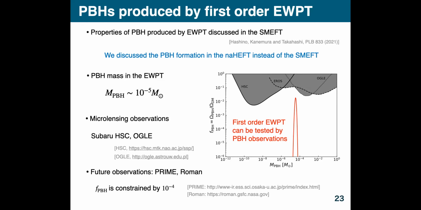Of course, the electroweak phase transition should occur around the 100 GeV scale. Therefore, there is no difference between SMEFT and the nearly aligned Higgs EFT. The mass is almost the same.